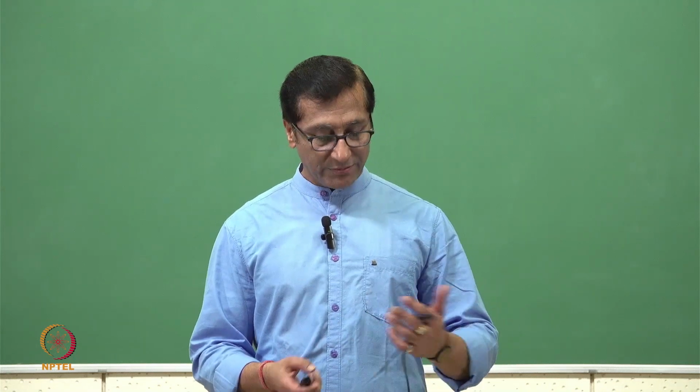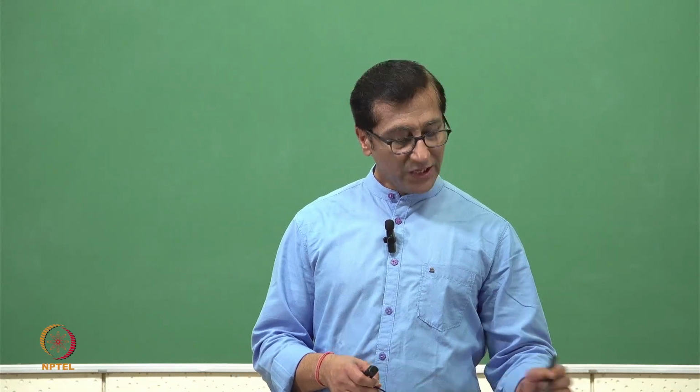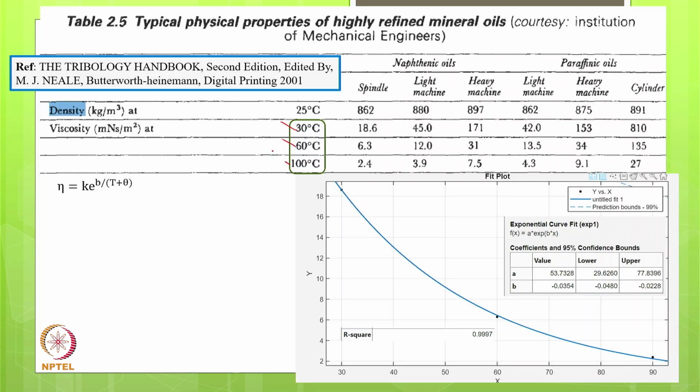For that purpose, I am just trying to show that. Now in this case again 30 degree, 60 degree, 100 degree, and we use a curve fit equation. MATLAB has a curve fit with only 2 terms and 2 coefficients. If you want more, then they will add 2 more, that means 2 or 4 or 6. That way we can do it. But if this relation itself fits 3 values, it gives good results.